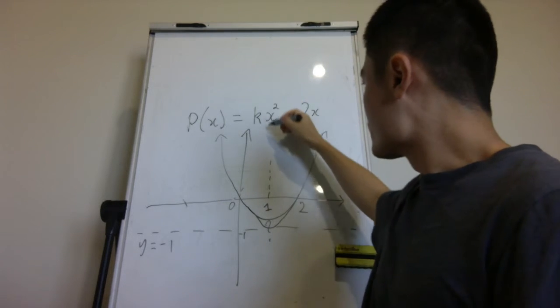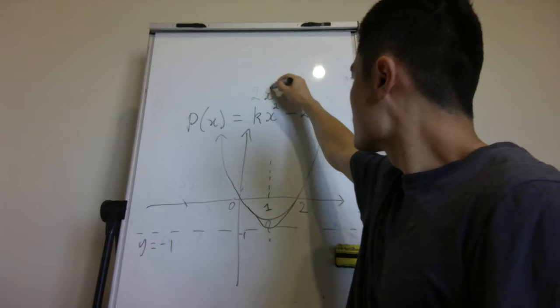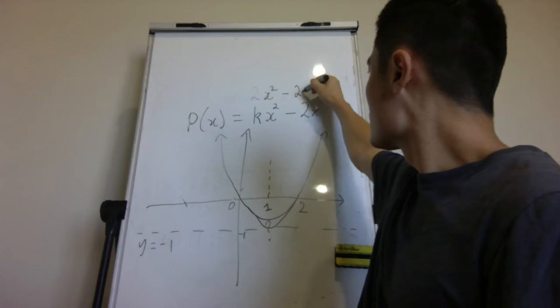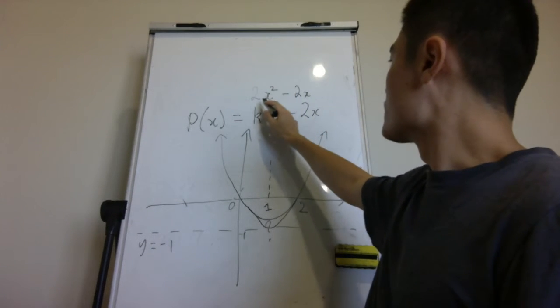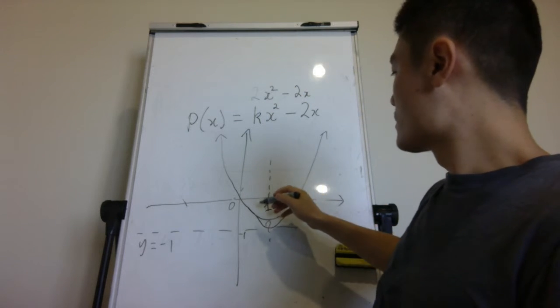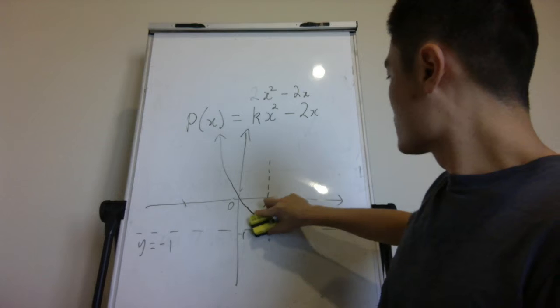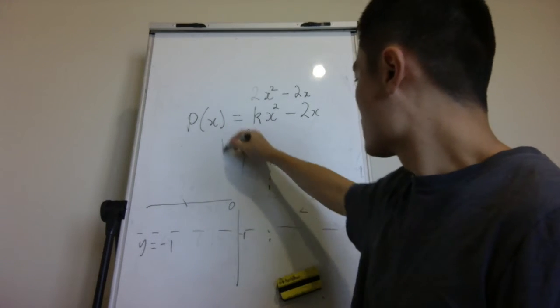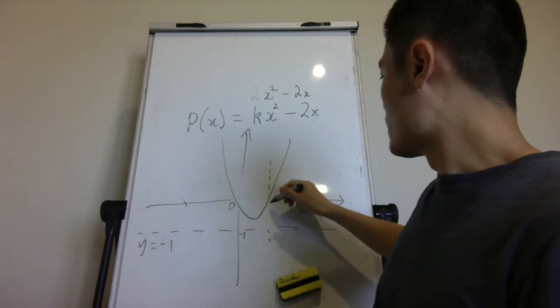Then if you try k equals 2, you have a common factor of 2x. So then you have an intercept at 0 and 1.